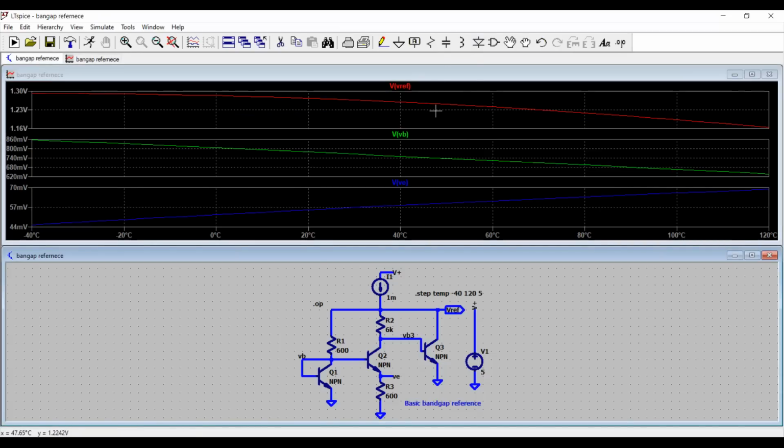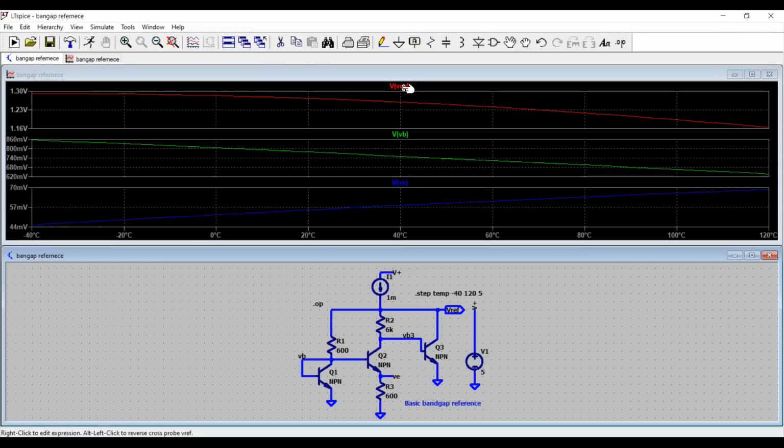Now, this is still dropping here, but at room temperature, for example, here, the value of the band gap is 1.12, and if you calculate the change in voltage divided by change in temperature, you will have a much smaller TC than the individual TC of the green and the blue curve.